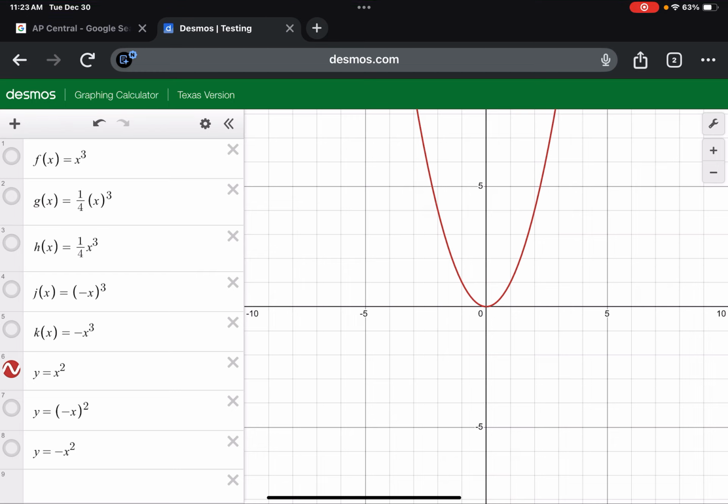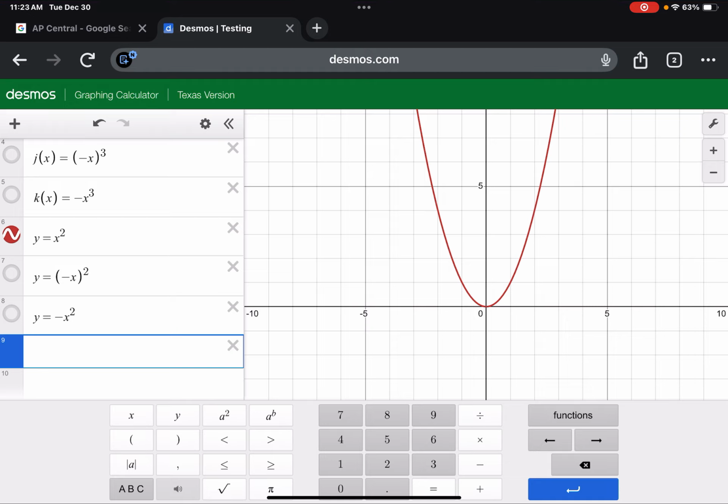So if I have y equals x squared, and let's start with y equals parentheses, let's do x minus 2, close parentheses, squared. You can see that your graph shifts to the right 2. It's the opposite operation. Anytime you mess with your x variable, it does the opposite.